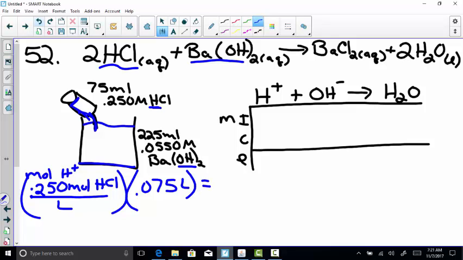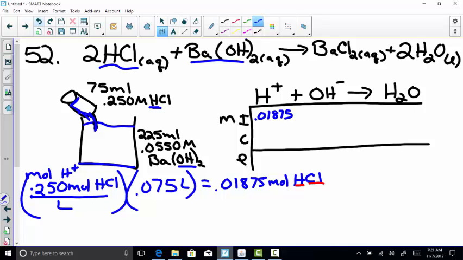So that's going to give me 0.01875 moles of HCl. And since HCl is a 1-to-1 mole ratio, that means that you have 0.01875 moles of H plus.